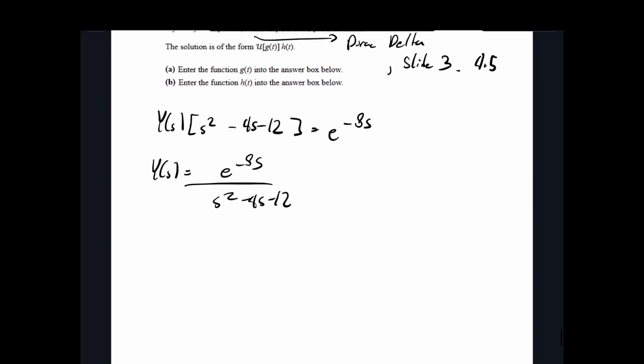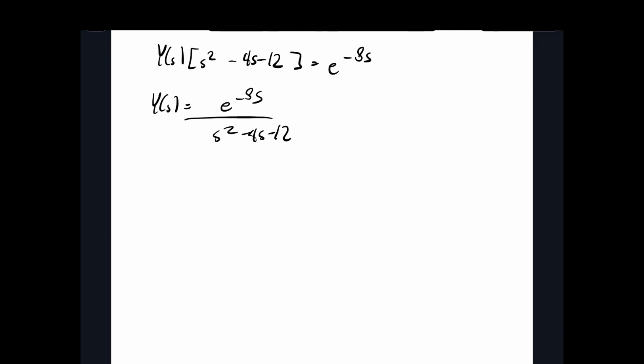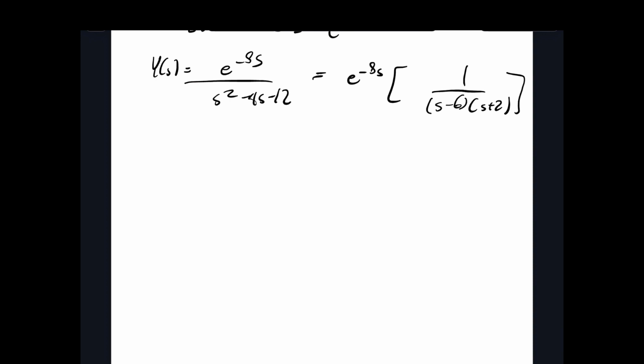And we haven't gotten anywhere with the question just yet, but since we're asked to get it in the u at g at t, and h at t, I know that I'm going to have to do an inverse Laplace here. And so to do that, I just manipulate it in a way that I get my correct denominator. Gonna do partial fractions, get a equals negative 1 over 8, and b equals 1 over 8.